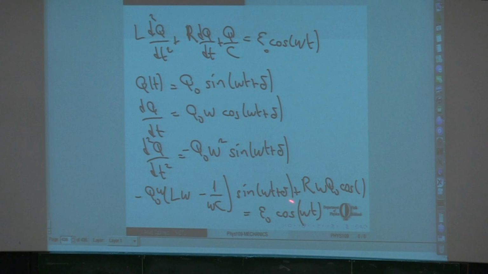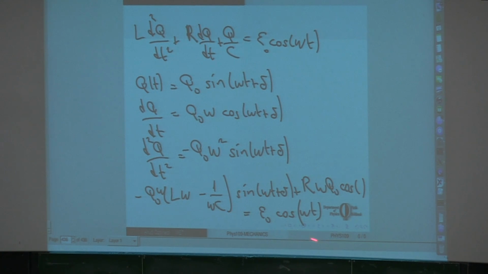Now, of course, this is a solution. We have to solve that equation. It has to be valid at all times t, not just at one time t. At every time this has to be satisfied. That is why, although we seem to have a single equation with two unknowns, since this equation is satisfied at all times, it's more than enough to determine those unknowns.